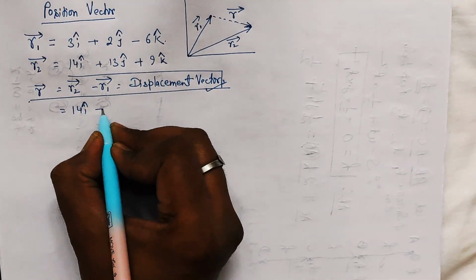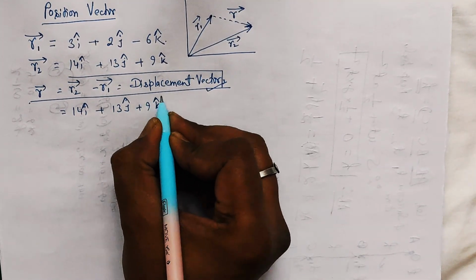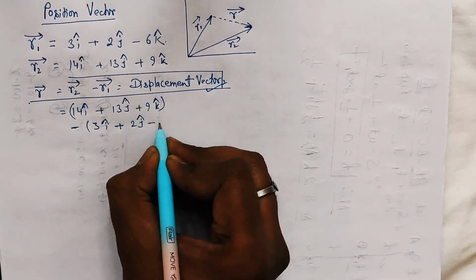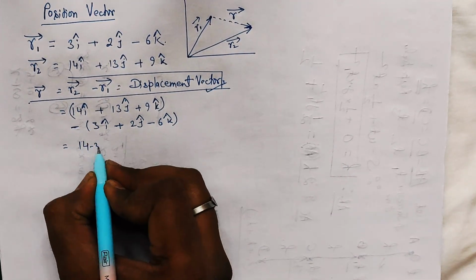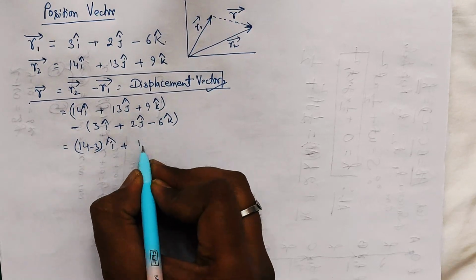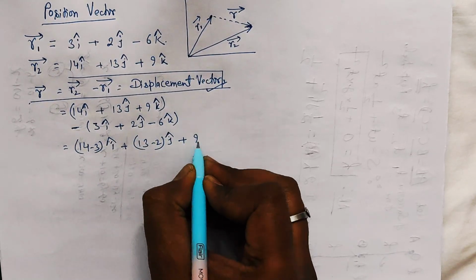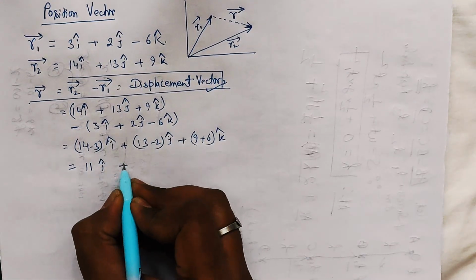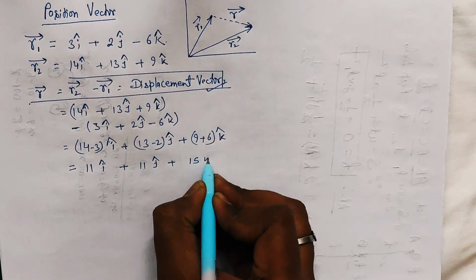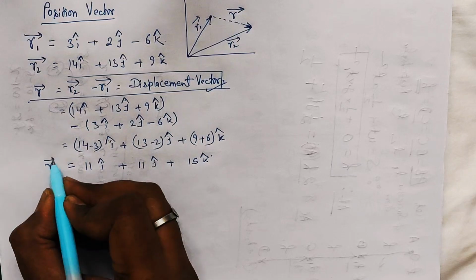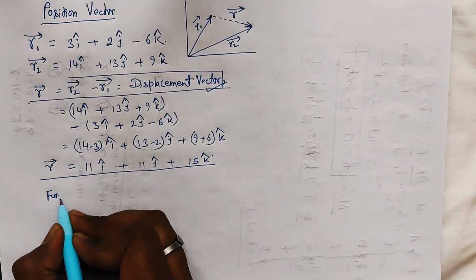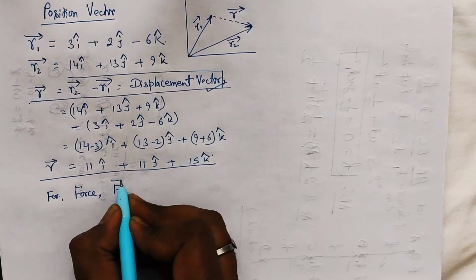Now, put the values of r2 and r1 over here and simply subtract i from i, j from j, and k from k. Just like terms should be subtracted. So we get the displacement vector r as 11i plus 11j plus 15k.